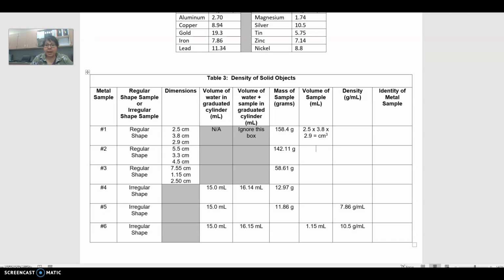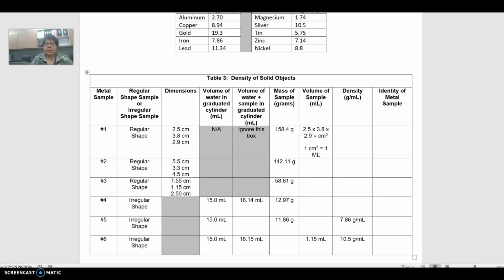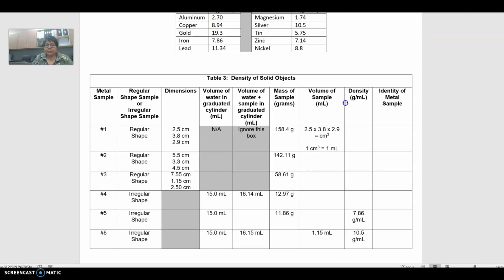Well, it turns out, as luck would have it, 1 centimeter cubed is equal to 1 milliliter. In fact, that's the definition of a milliliter, 1 centimeter cubed, measuring something in three dimensions.